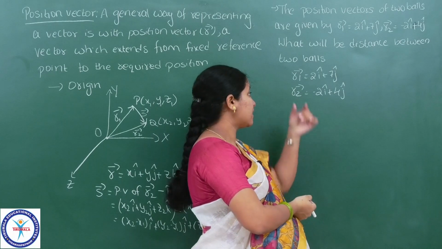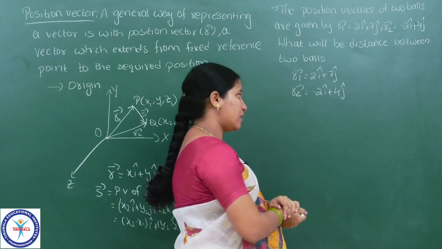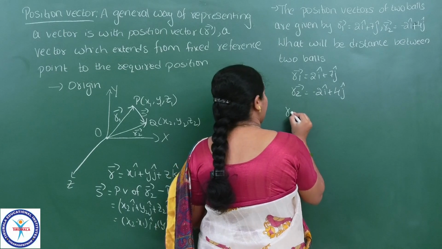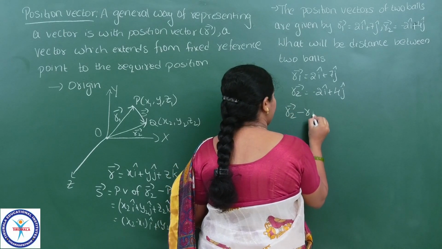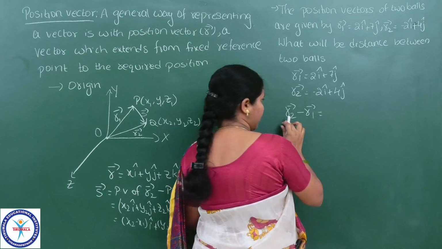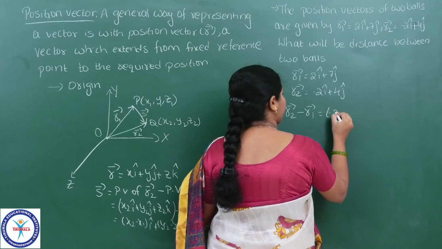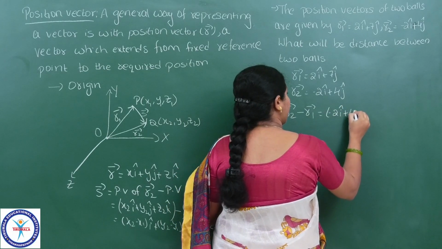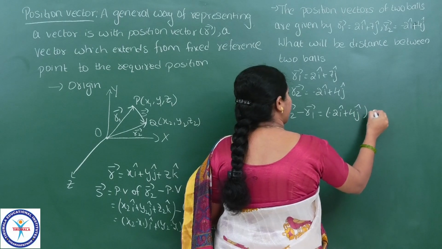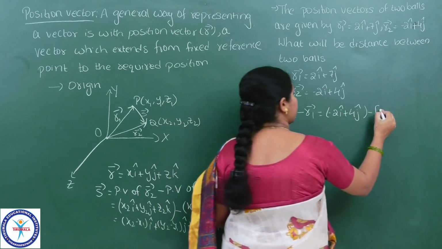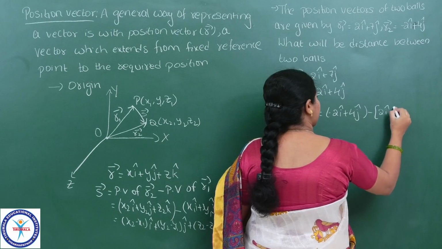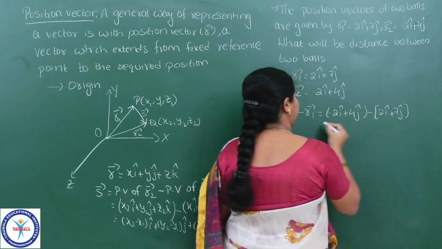First, let us find r2 bar minus r1 bar. That is equal to minus 2i cap plus 4j cap minus of 2i cap plus 7j cap.